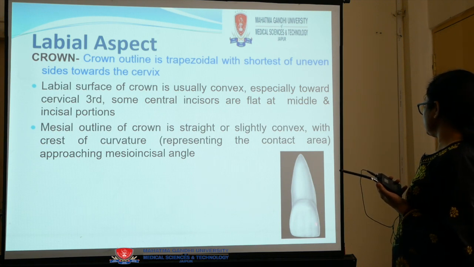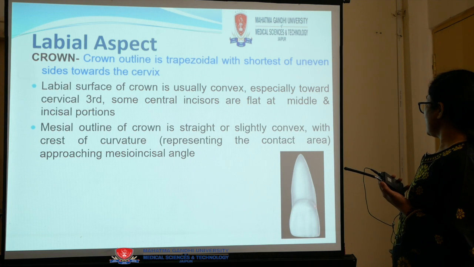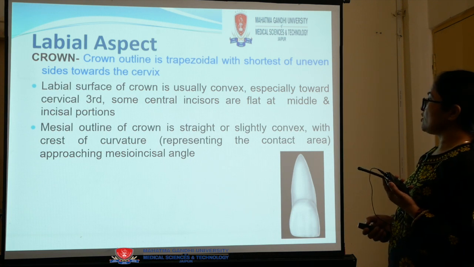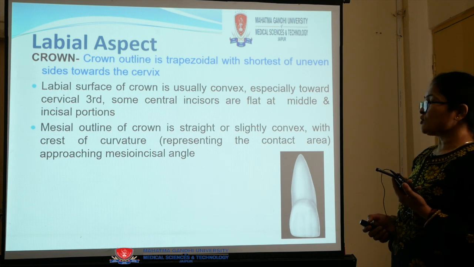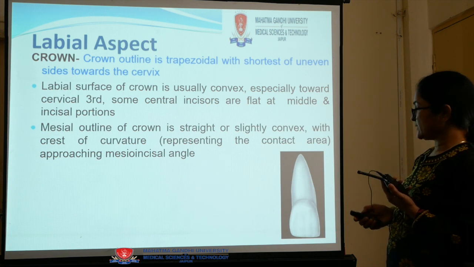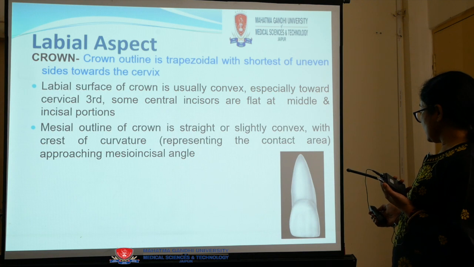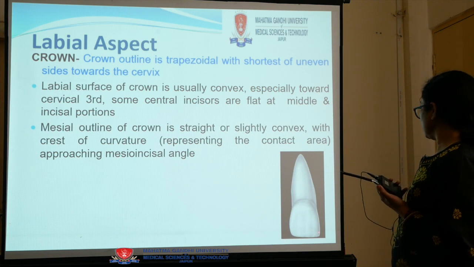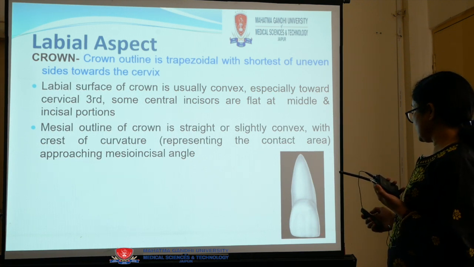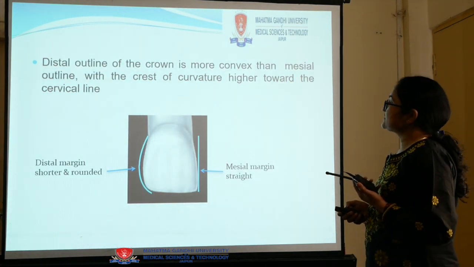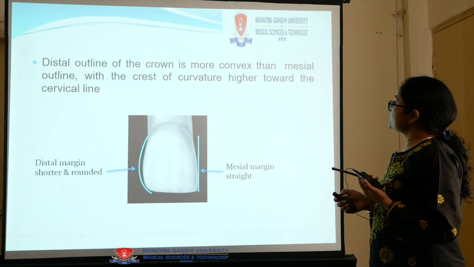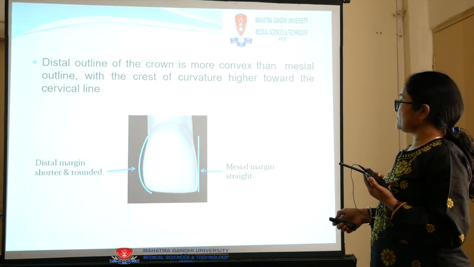Here you can see the mesial outline is either straight or sometimes slightly convex, and the crest of curvature of this outline, which represents the contact area, approaches near the mesio-incisal angle, which is a sharp angle. The distal outline of the crown is more convex than the mesial one, and the disto-incisal angle is comparatively rounded.